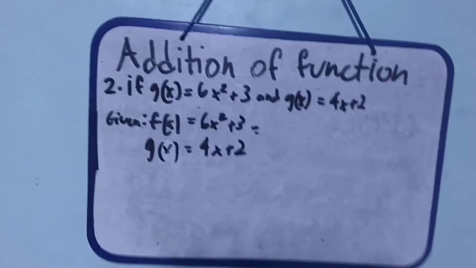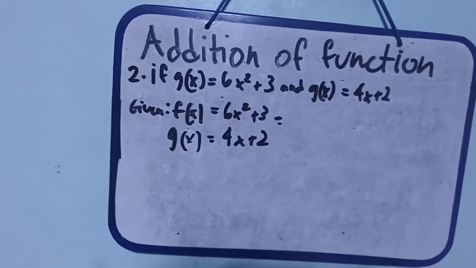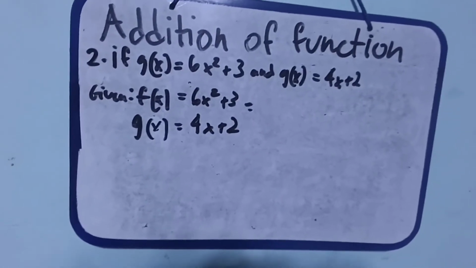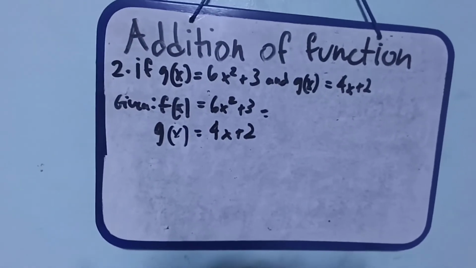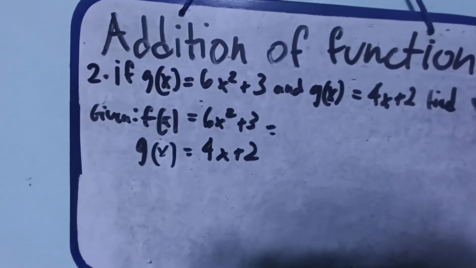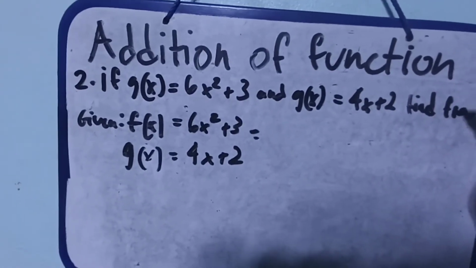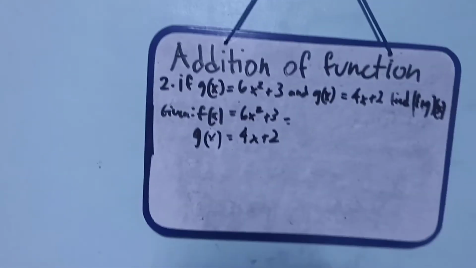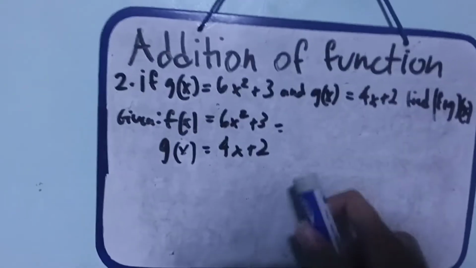So our second problem is, if f of x is equal to 6x squared plus 3 and g of x is equal to 4x plus 2, find the quantity of f plus g of x. So let's start.